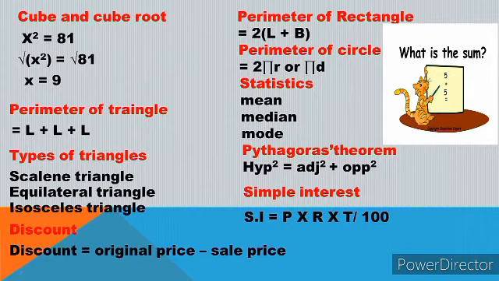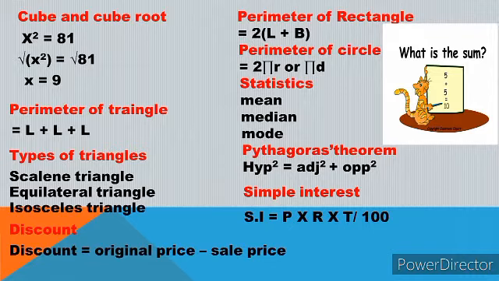Now we're going to be reminding ourselves of some of these important topics we treated earlier in the term. We have cube and cube roots. I discovered that some of you, when solving, left your answer in raised to power. In mathematics, when your answer is in raised to power, you have not gotten the final answer.